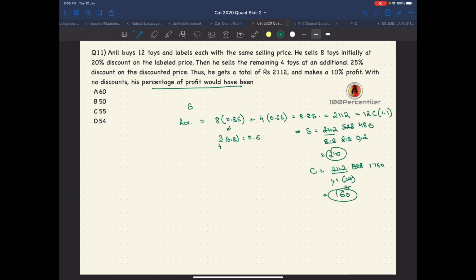Therefore, without any discount, the profit percentage is 240 minus 160 upon 160, which is 50%. Therefore, B is the required answer.